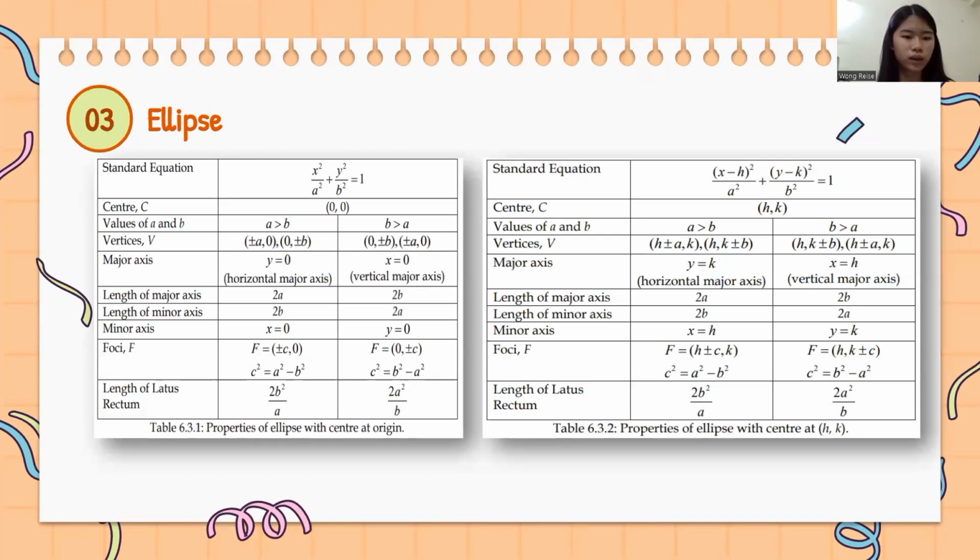And the third one is ellipse. The difference between these two standard equations is that in the first one, the center of the ellipse is at the origin, and in the second one, the center is at the coordinate (h, k).